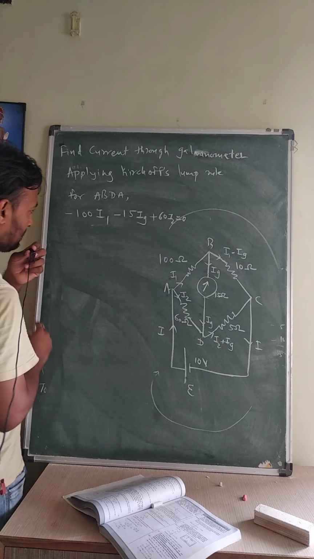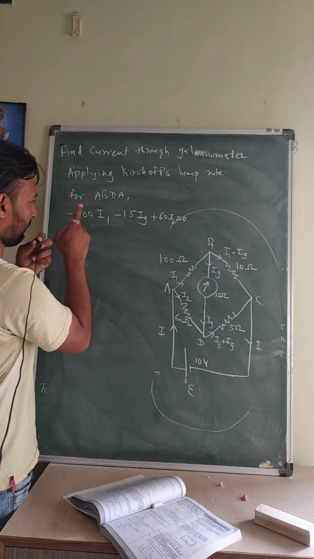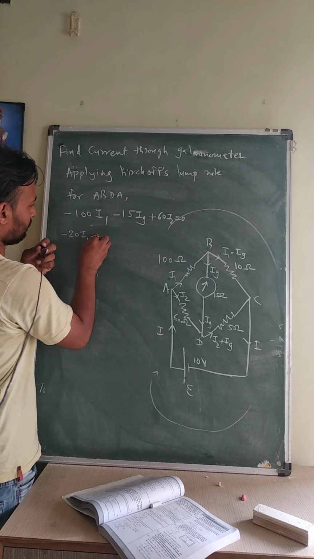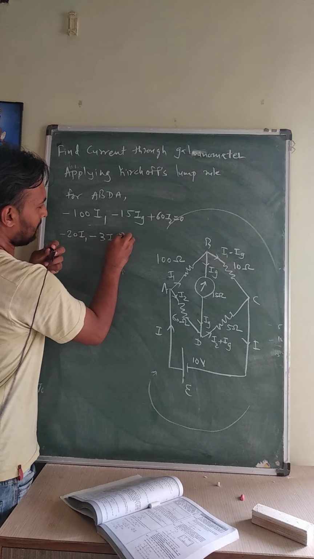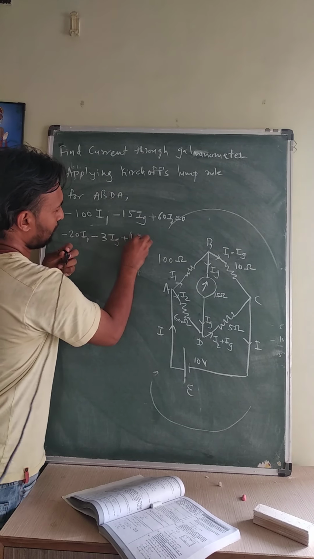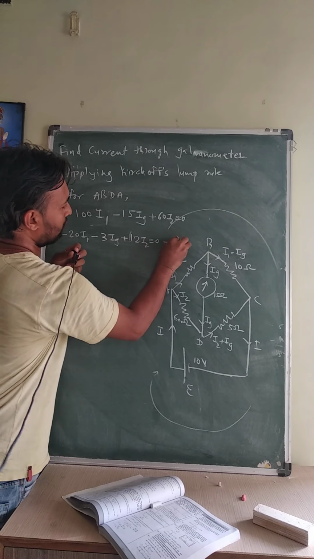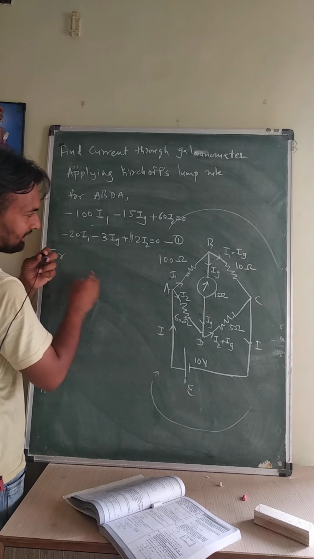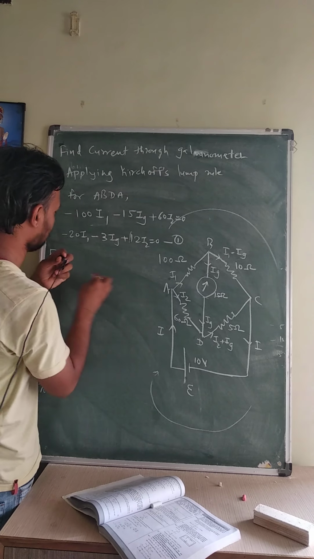If I divide this equation by 5, I get minus 20 I1 minus 3 Ig plus 12 I2 equal to 0. This is equation 1. Now for the second circuit, that is B, C, D, B.